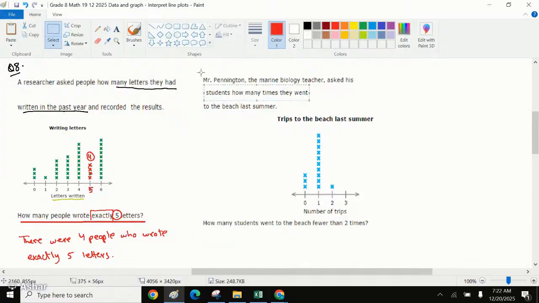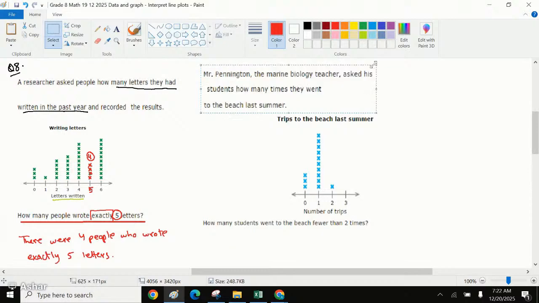Mr. Pennington, the marine biologist or the biology teacher, asked his students how many times they went to the beach last summer. This is related to going to the beach. The grid is given to us.